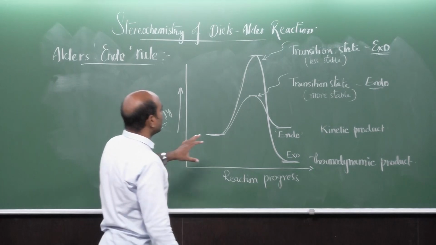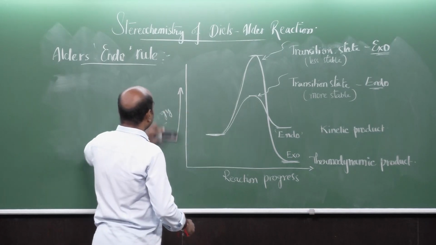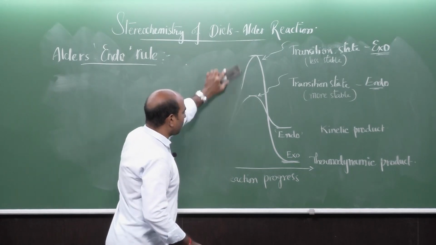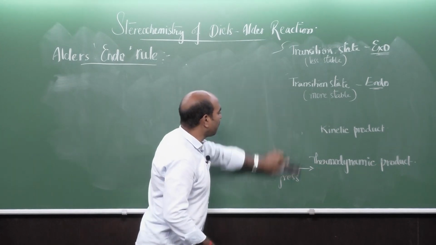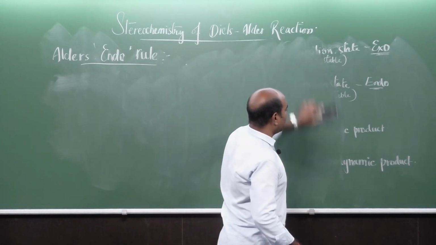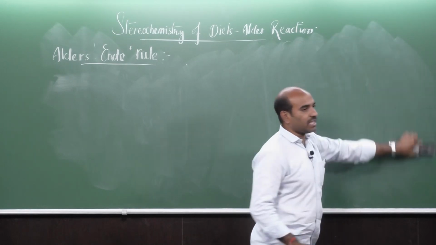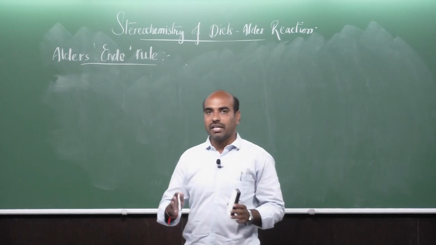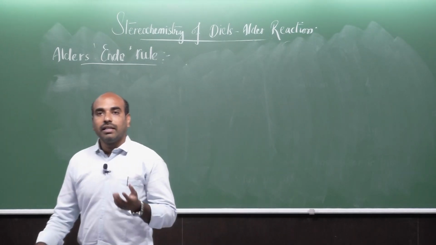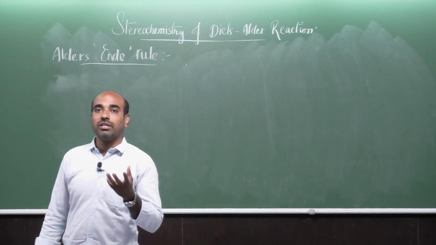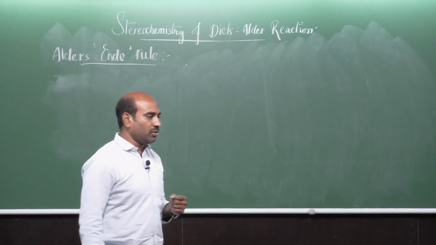So, this is the energy profile for the Alder's endo rule, that is, the Diels-Alder reaction with a dienophile having an unsaturated system. Now, why is the energy of the transition state of the endo isomer less? Why is the transition state of the endo isomer more stable? That is what we need to know now.